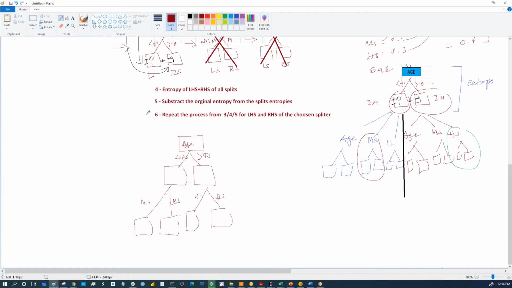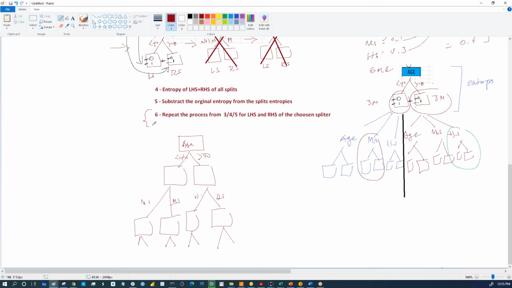And we are going to repeat again. We are going to repeat for the left-hand side. We are going to split this also, split this, and split this. So every split has a left-hand side and a right-hand side.